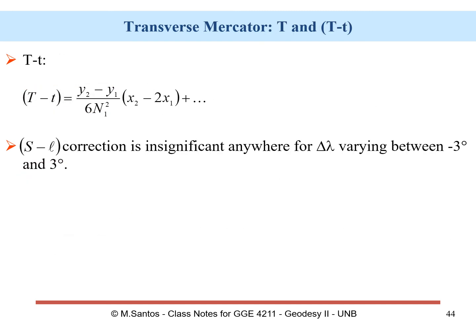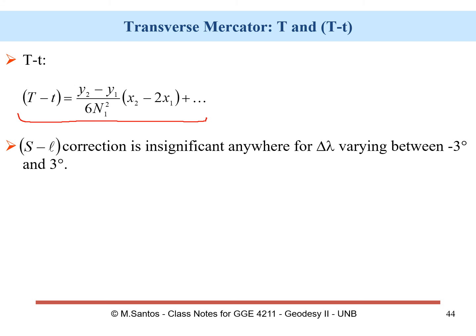T minus T correction. Here we have an expression as a function of the grid coordinates. N is the prime vertical radius of curvature. And the S minus L correction, this is the distance on the mapping plane.